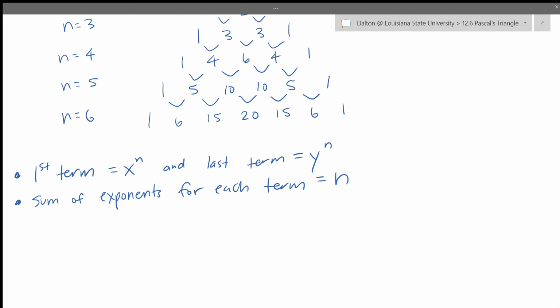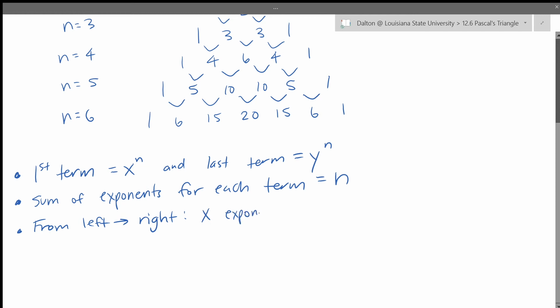And then the last note, from left to right, two things are true. The x exponents decrease by 1. Y exponents increase by 1.